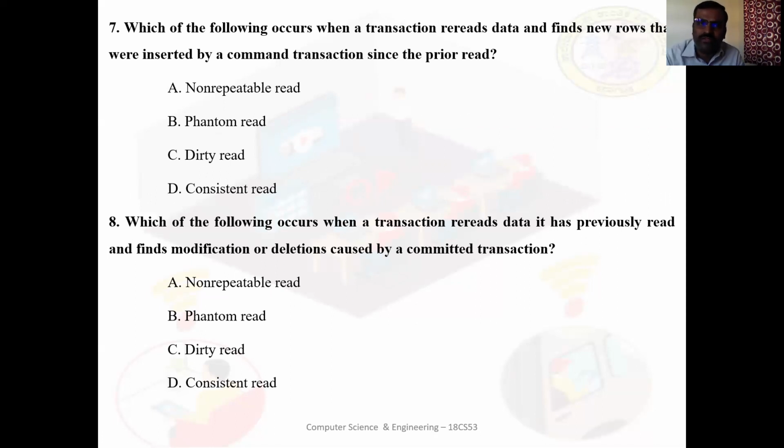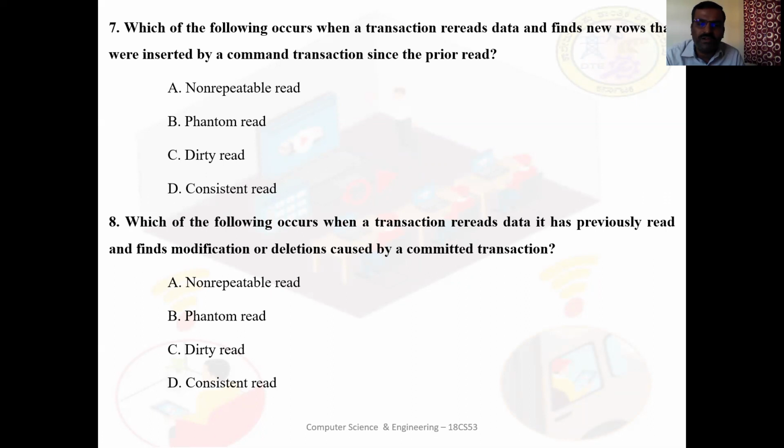Answer is phantom read. Eighth question. Which of the following occurs when a transaction rereads data it has previously read and finds modification or deletions caused by a committed transaction?